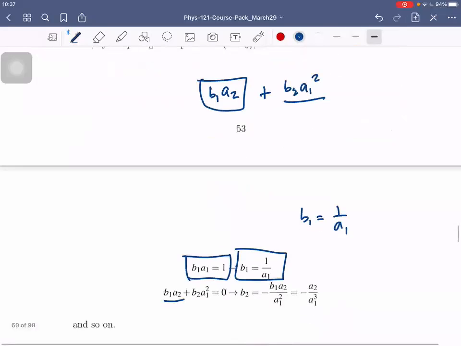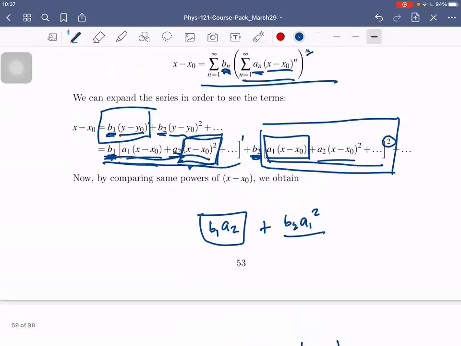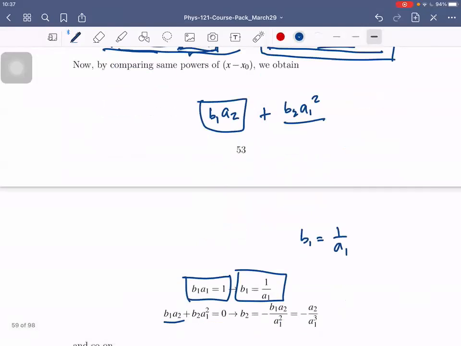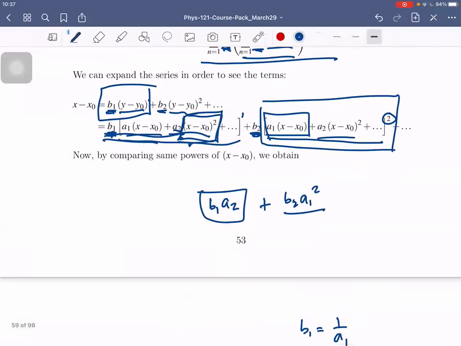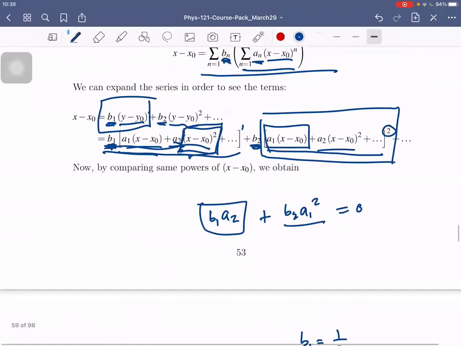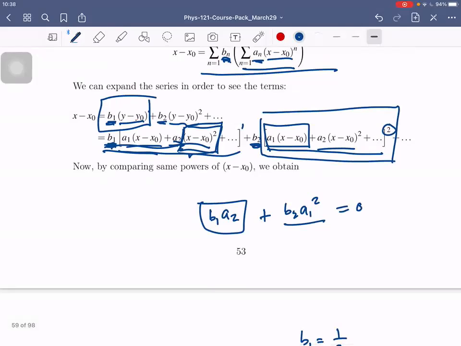Okay? So now, ikumpara natin. That should be equal to 0. Bakit? Kasi kung titignan nyo dito sa kabilang side, wala ka namang x minus x sub 0. Okay? We're comparing that to that.